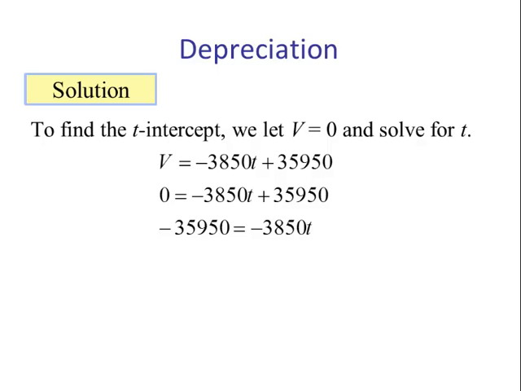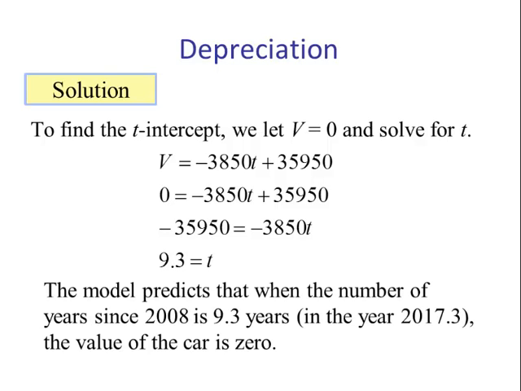To isolate t, we have to divide by negative 3,850, and we get t is close to 9.3. So in the terms of this problem, we would say the model predicts that when the number of years since 2008 is about 9.3 years, and that's in the year 2017.3, the value of the car is 0.